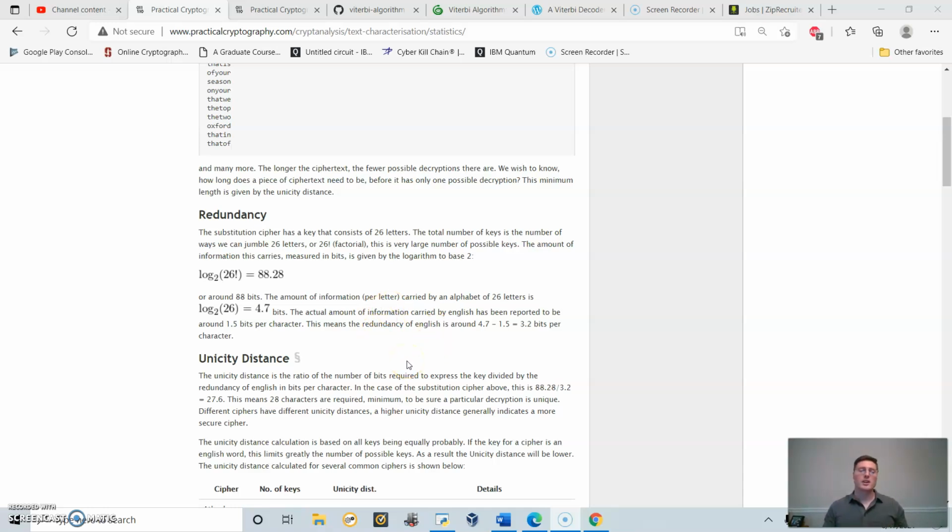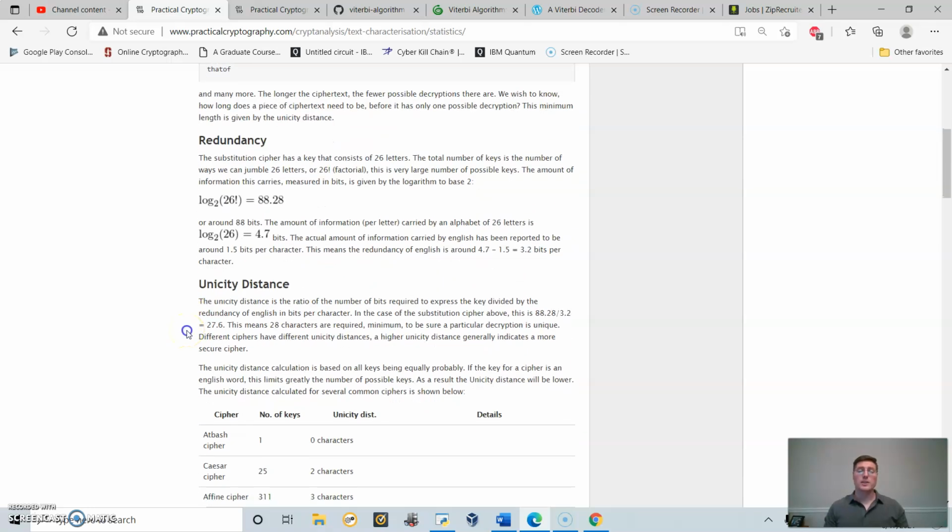So this is going to be different for each language, and that information can be looked up, and I would definitely recommend looking that up and becoming familiar with it, depending on which language you're looking at. That will then help determine how long it's going to take to break that crypto system.